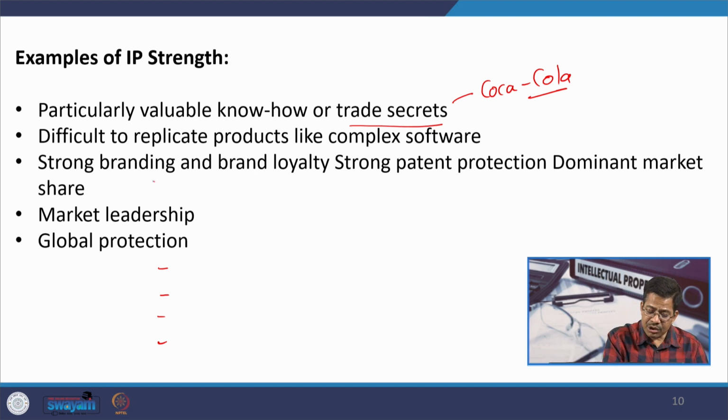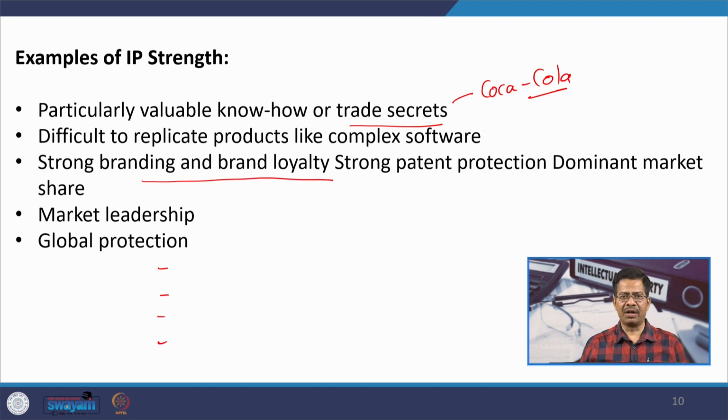Strong branding and brand loyalty, and many organizations enjoy the strength of their brand, that comes under strong branding. You are a market leader, like we discussed in our other sessions, examples of Apple, Qualcomm, Texas Instruments, etc. They are market leaders in their categories.